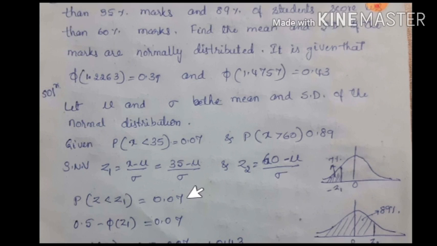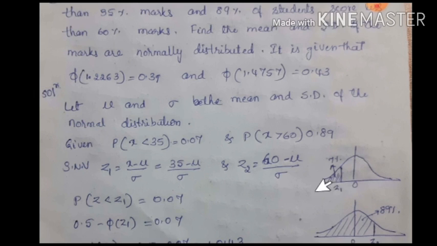Hence I will take Z1 on the left side of the line Z equal to 0. How to calculate this area? By symmetry, it is the same as the Z1 area on the right-hand side. So 0.5 minus phi of Z1 equals 7%.